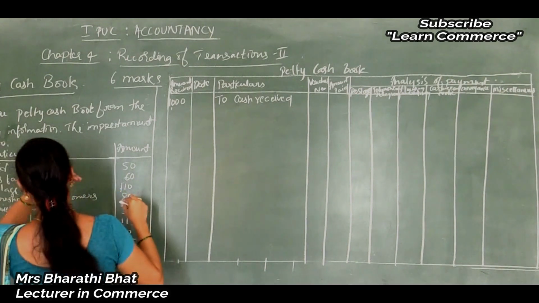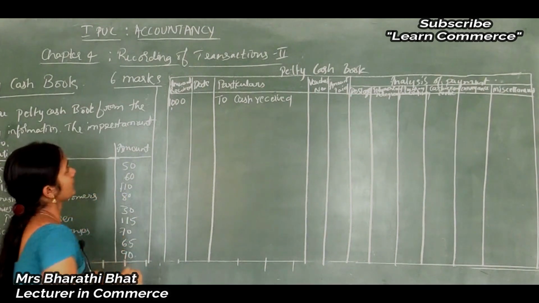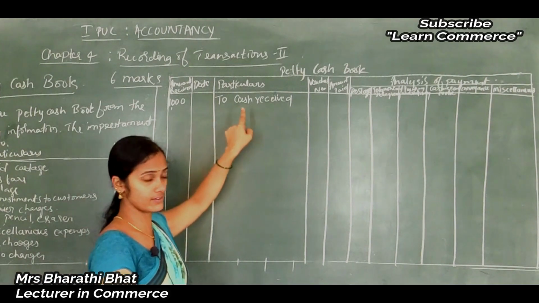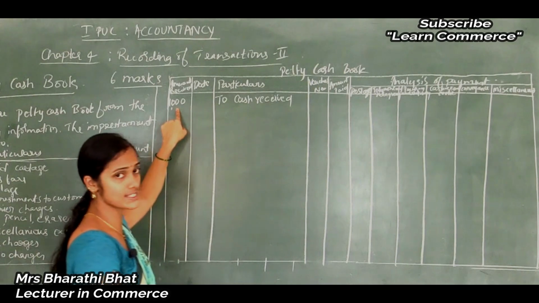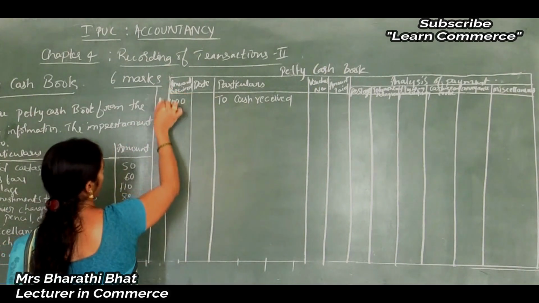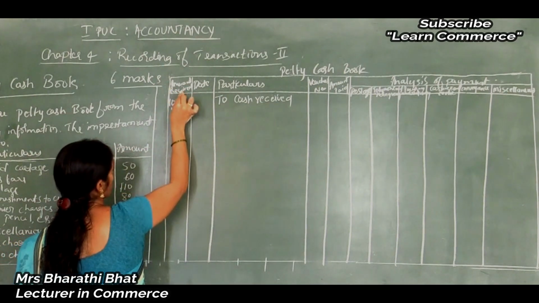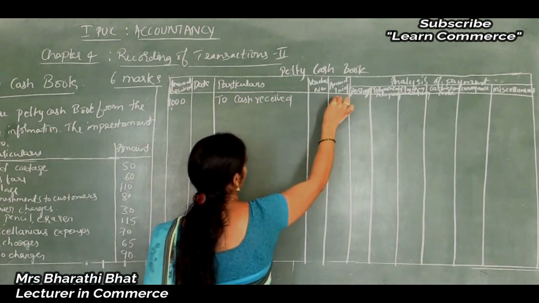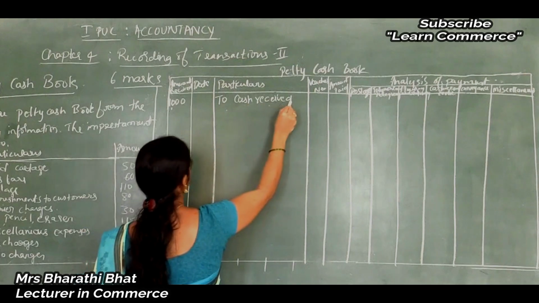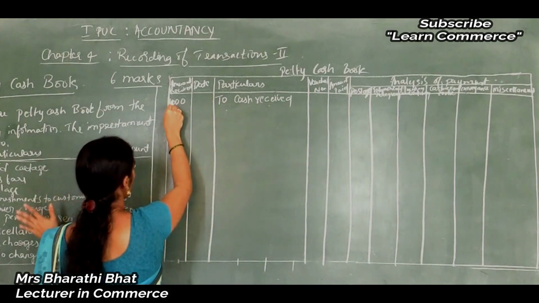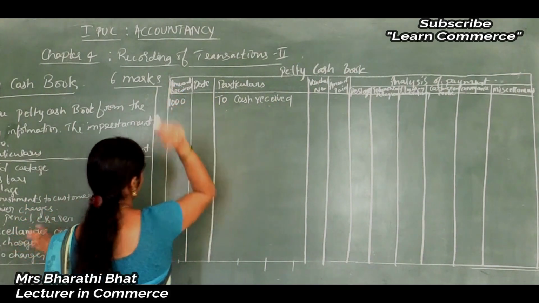So this is what you received, meaning the petty cashier received the imprest amount of ₹1000. So the receipts amount should be written under the amount received column, not under the amount paid column. See the process: to cash received, the amount on your left side, that is ₹1000.